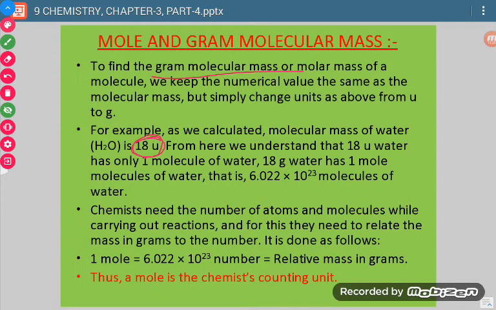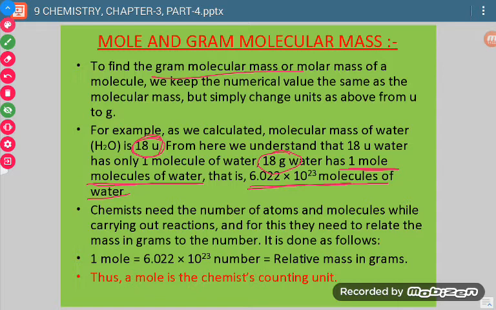So if I write 18 gram, this is 1 mole of molecules of water. And if it is 1 mole, then it means 6.022 × 10^23 molecules of water.